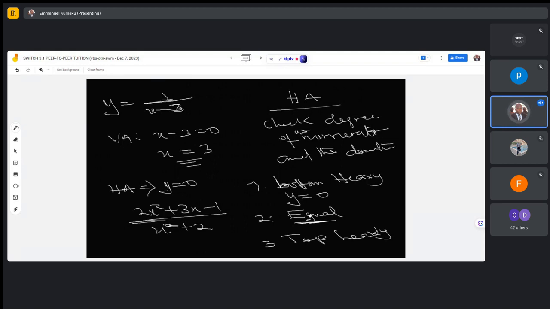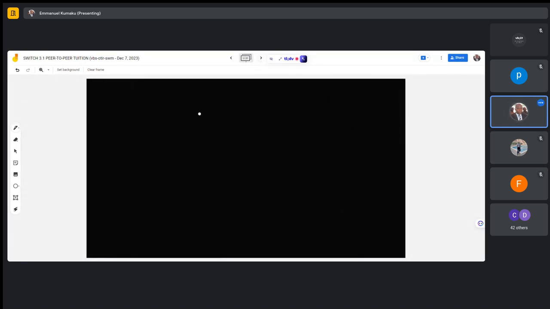So when it happens like that, we are in case 2. And how do you treat case 2? With case 2, to find the horizontal asymptote, what you do is that you just divide the coefficients of the leading powers of x.